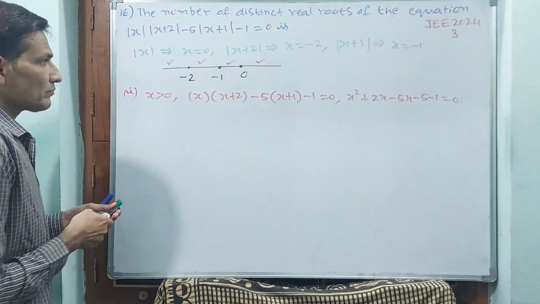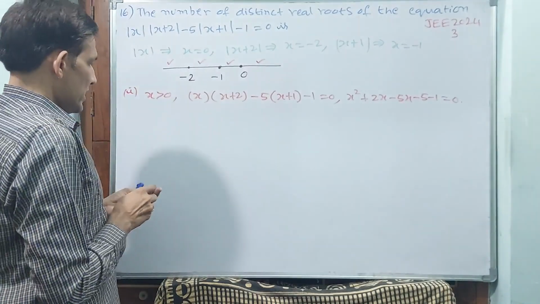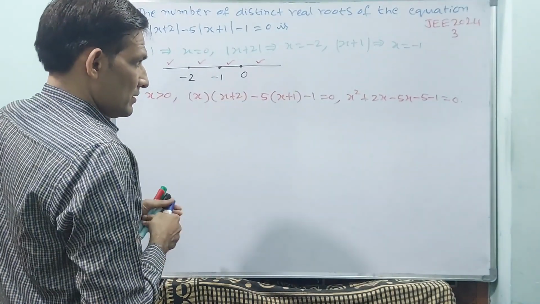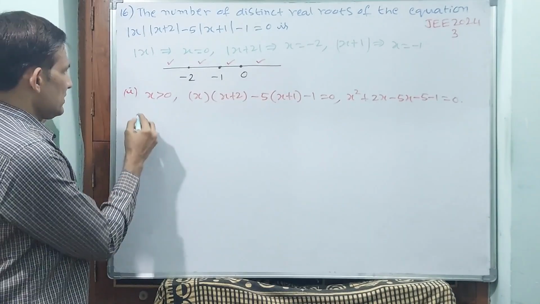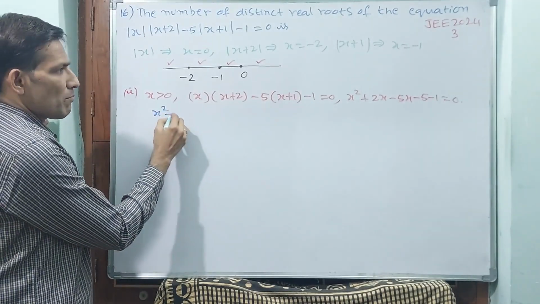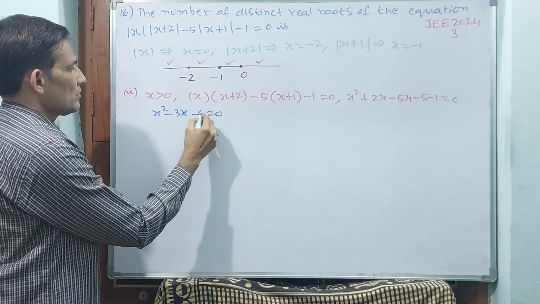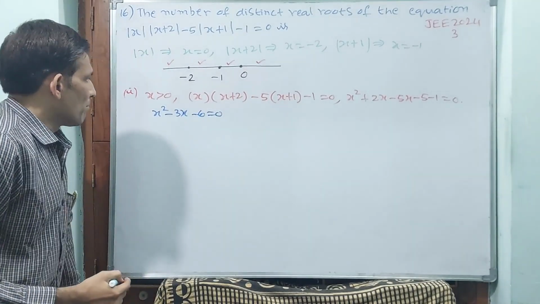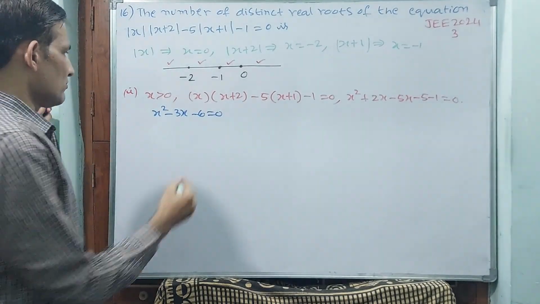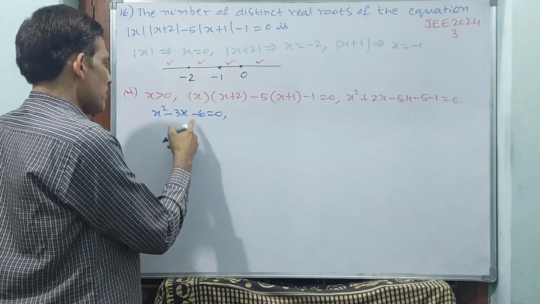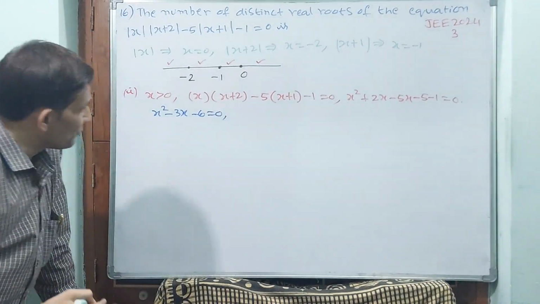That is the case. Minus 3x, see x square minus 3x minus 6 equal to 0. Okay, minus 6 has to come and 3 has to come. Can we make it possible? Minus 6 and 3, 2 into 3, I don't think so.